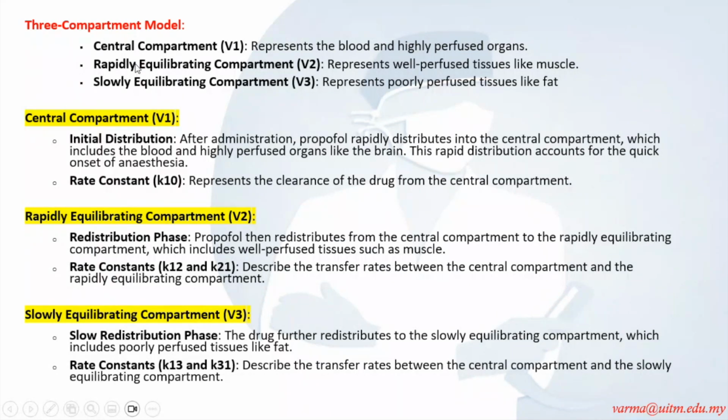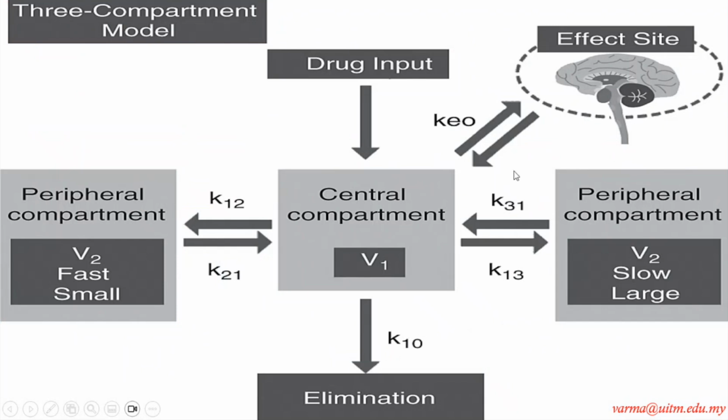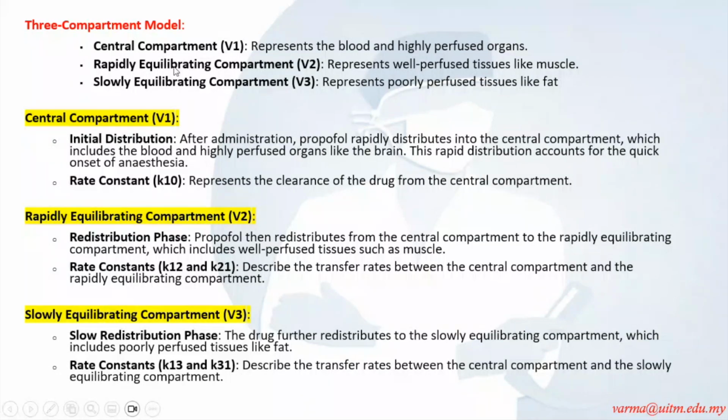Okay. Then, what does the 3-compartment model represent? The central compartment represents the blood and highly perfused organs. It is the compartment where the drug is being injected, the intravascular or central compartment, and from there it can also go to highly perfused organs such as the brain. So this is your first compartment, and you have your rapidly equilibrating compartment. V2 represents the well perfused tissues like muscle.